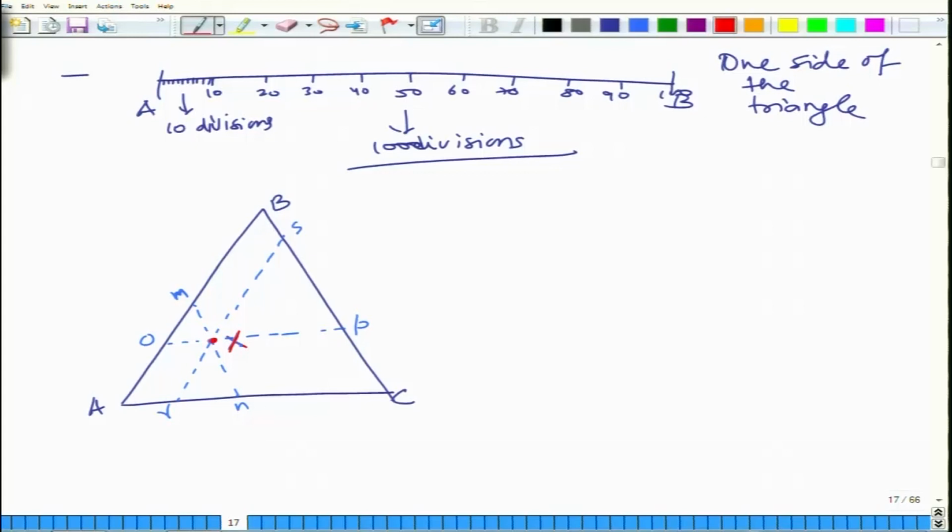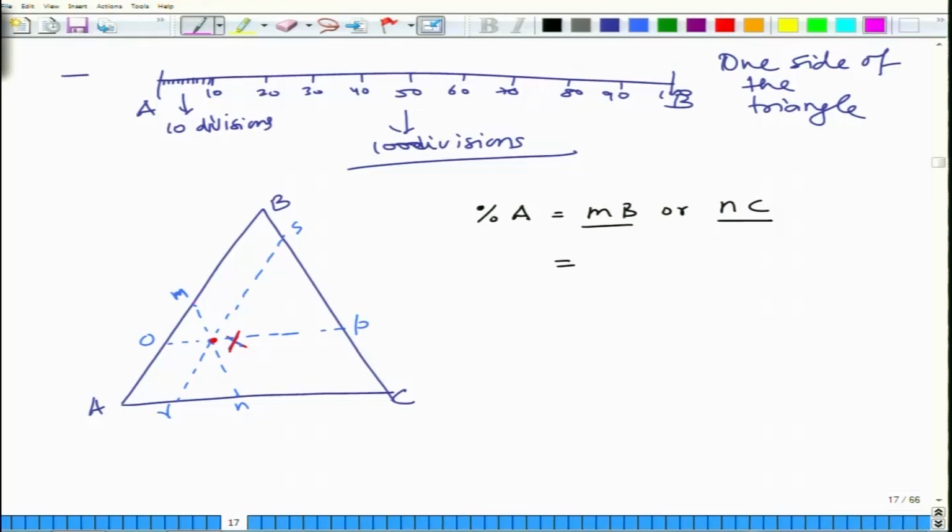So, percentage A is depicted by either MB or NC, because they are equilateral triangles. Let me use a different color.